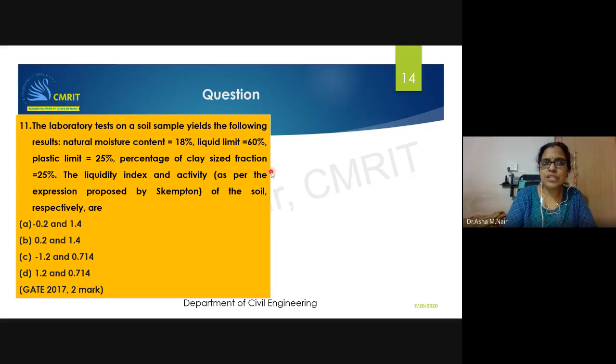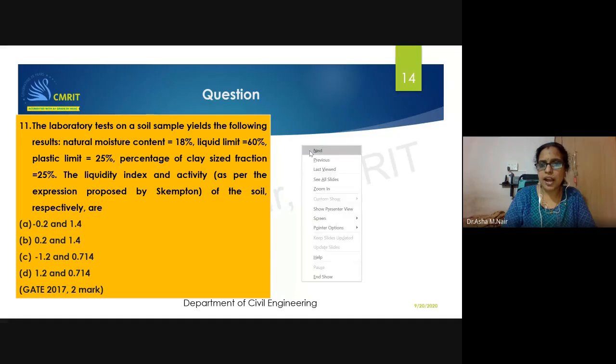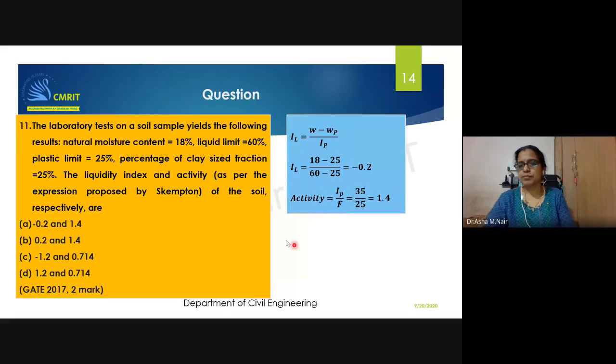So what is liquidity index? Liquidity index IL is equal to wN minus wP divided by IP, into 100. What is wN?